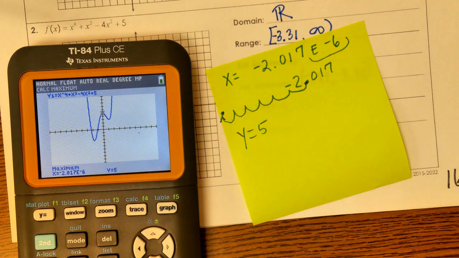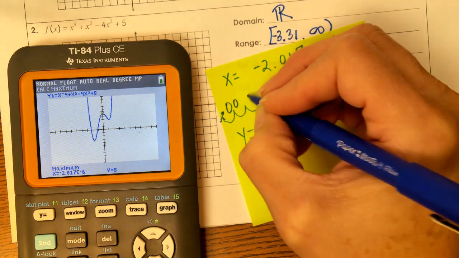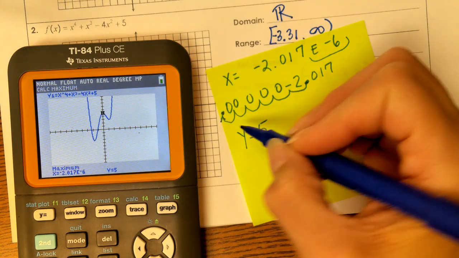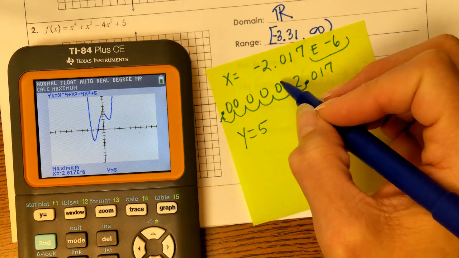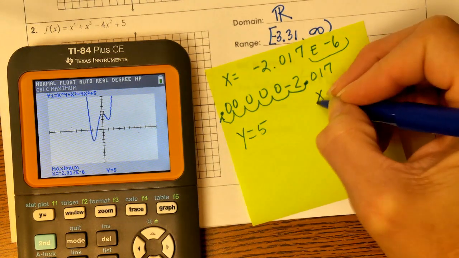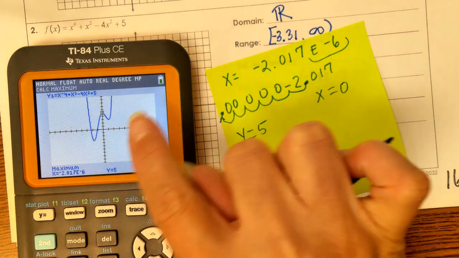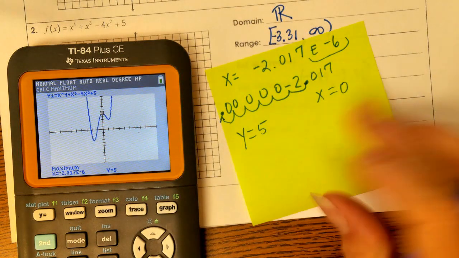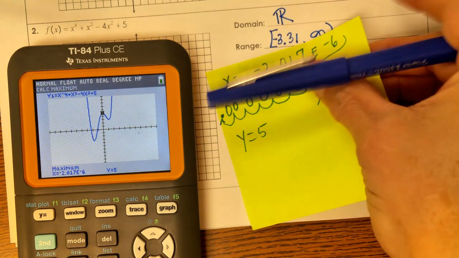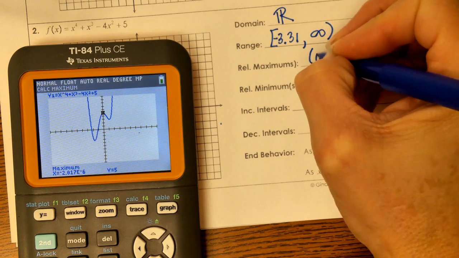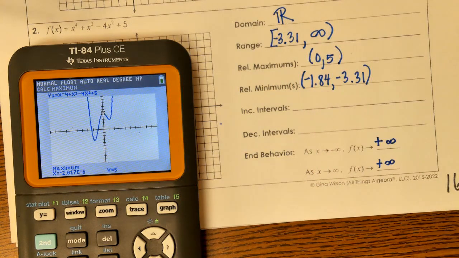If we move that decimal 6 places, that means there are 5 zeros in front of that number 2. Are you guys listening? If you have a number with 0.00000, it is safe to say that that is at 0. So we are at the 0, 5 on our graph. I just wanted to remind you about scientific notation. So the maximum is at 0, 5.